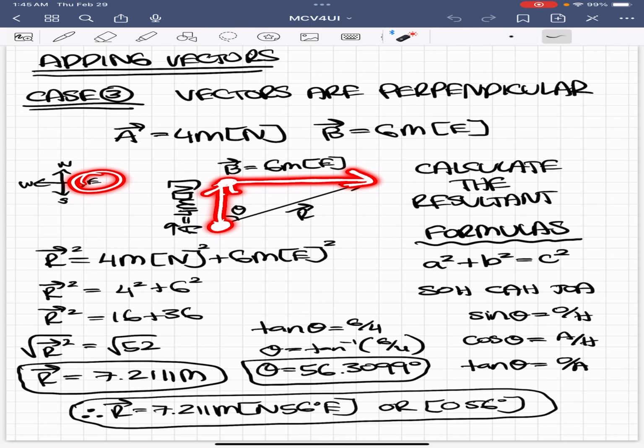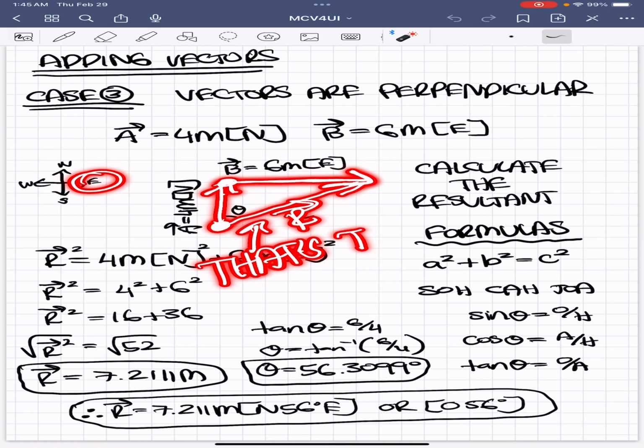So I'm going to connect it from the tail of vector A to the head of vector B. And then the resultant is right there.